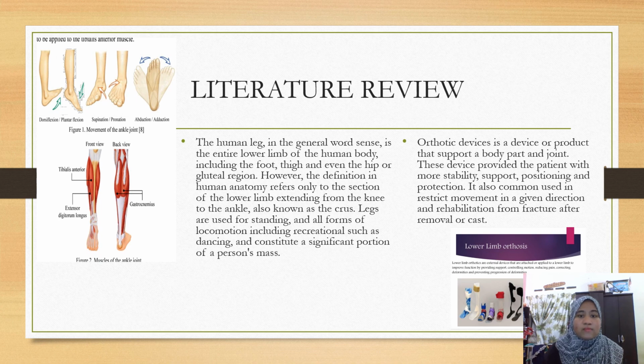However, the definition in human anatomy refers only to the section of the lower limb extending from the knee to the ankle, also known as the crus. Legs are also used for standing and all forms of locomotion, including recreational ones such as dancing, and constitute a significant portion of a person's mass.